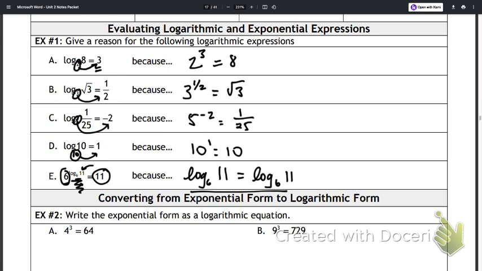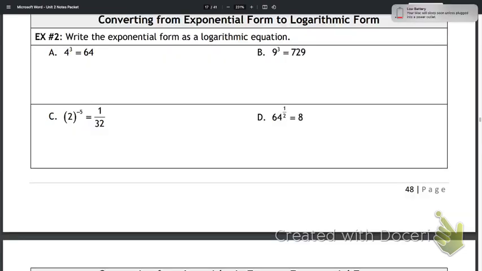All right. We can also go the other direction, and we can convert an exponential to a log equation. So when we have 4 cubed equals 64, I can write it as log, and then my base will be 4, and then the 64 will go here. The log is always equal to the exponent.